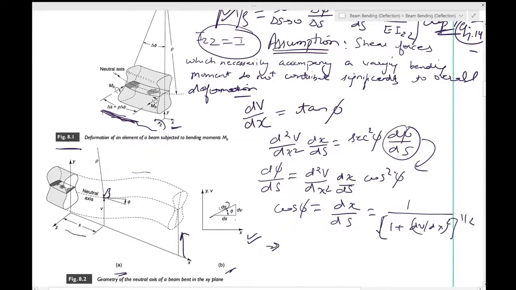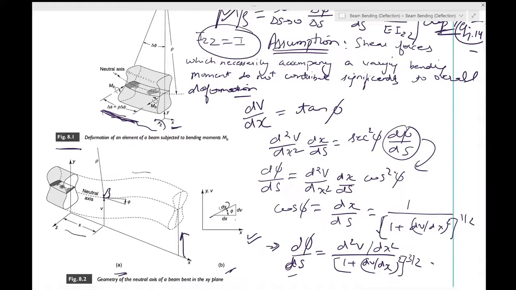This implies that d phi by ds is equal to d2v by dx square divided by 1 plus dv by dx whole square to the power 3 by 2. So you have found this, and it is actually v, the deflection which you are looking for. That is how the deflection of the beam is, v.